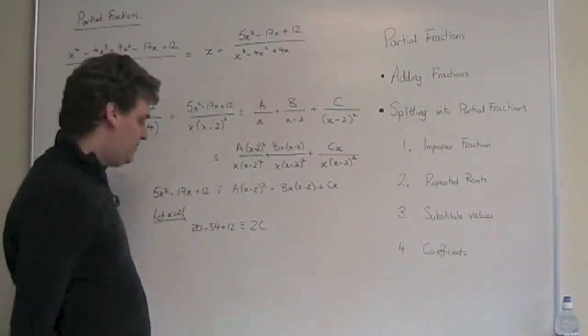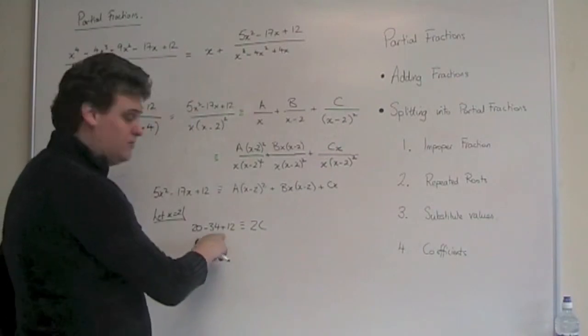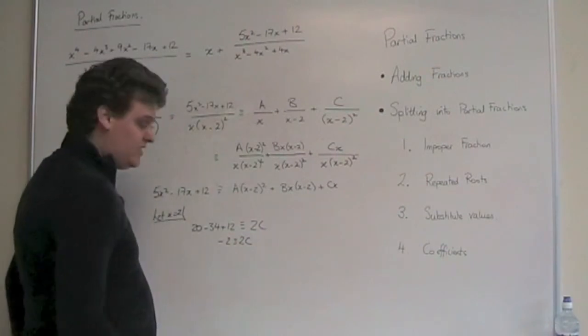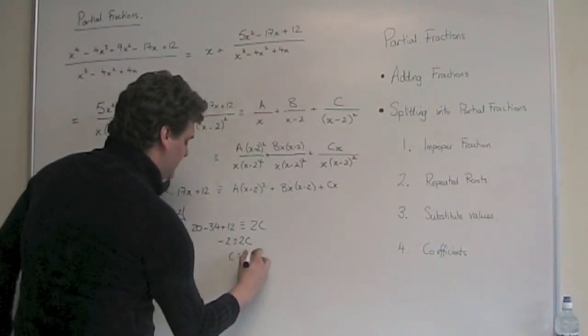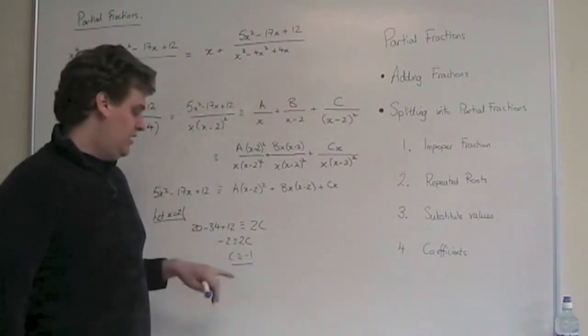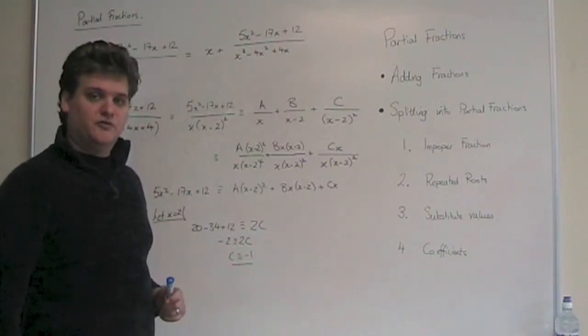Now, we can add those up. We have 20 plus 12, that's 32, minus 34, minus 2 equals 2c. So we have c is equivalent to minus 1. And you can see by eliminating the a's and b's very quickly, we're able to get an expression for c super fast.